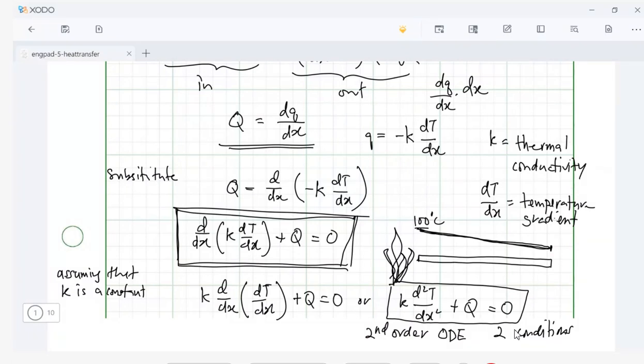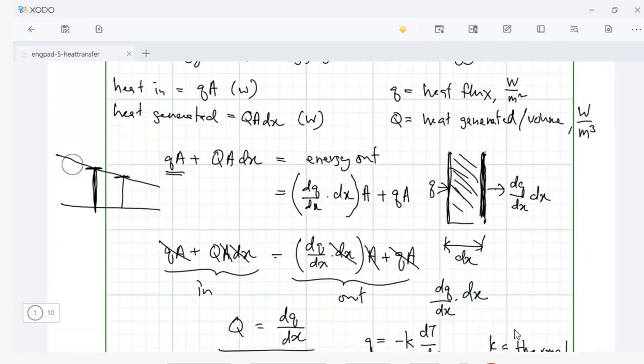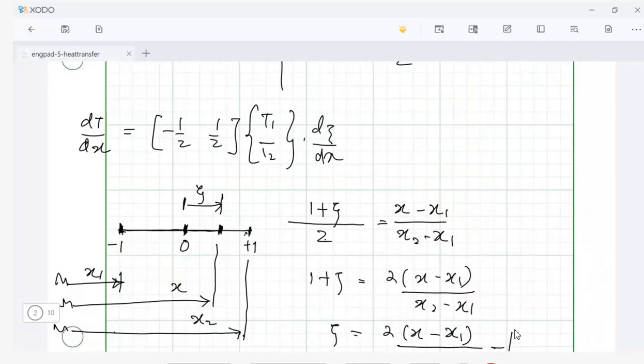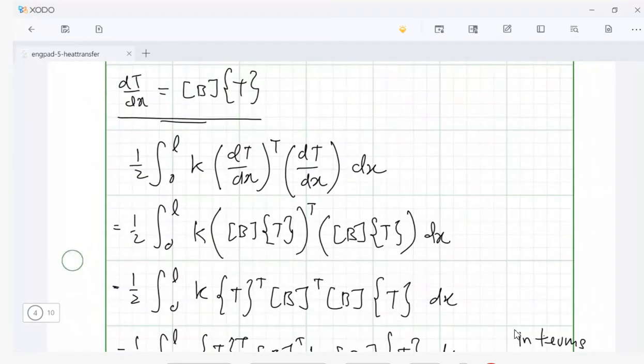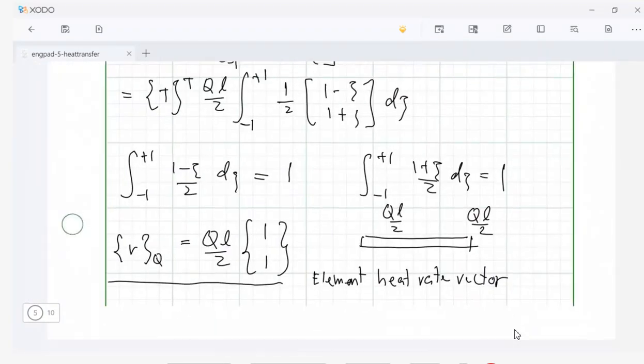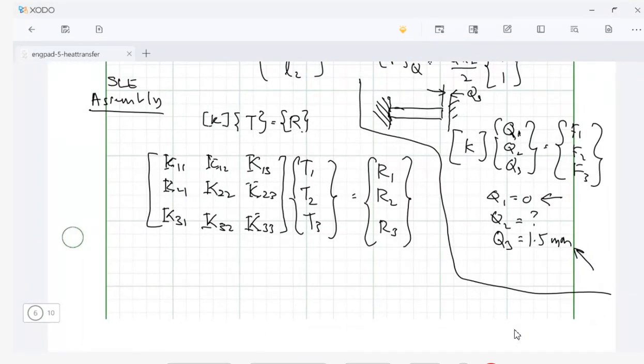For example, if you integrate a second order equation, you notice that you have C1 and you have C2 to solve, right?